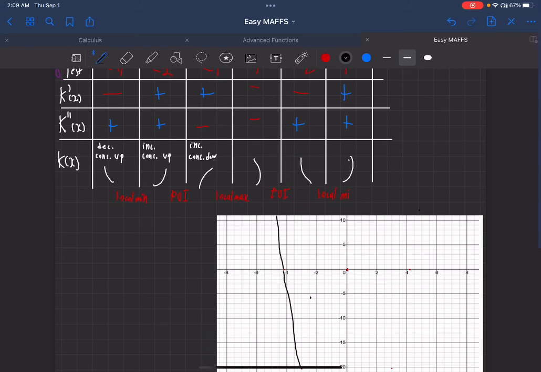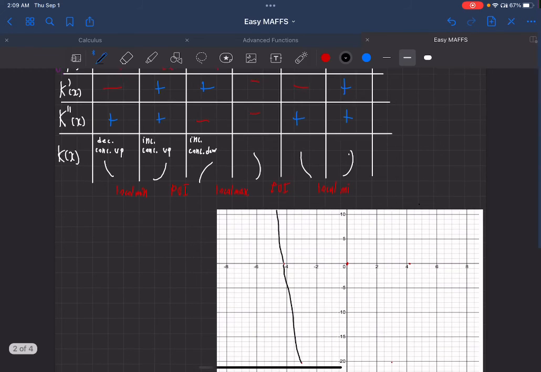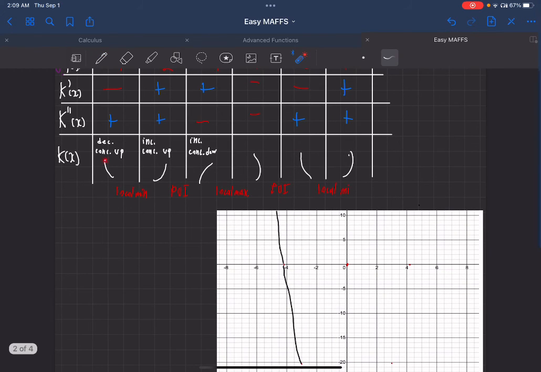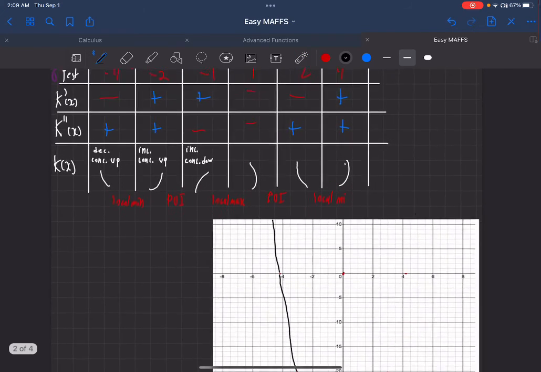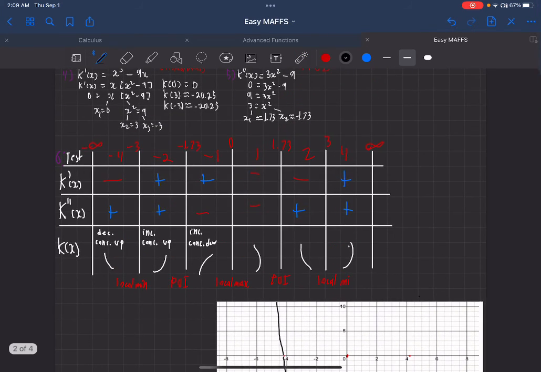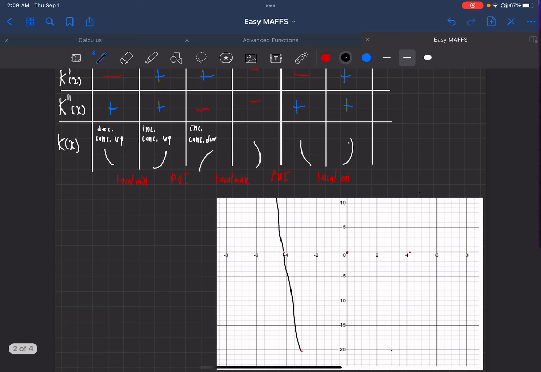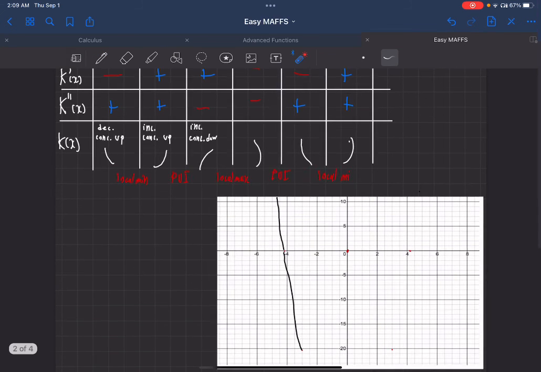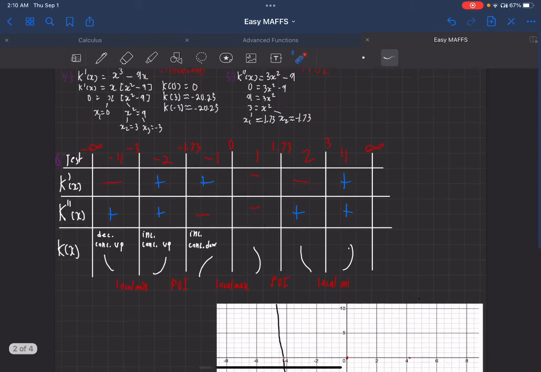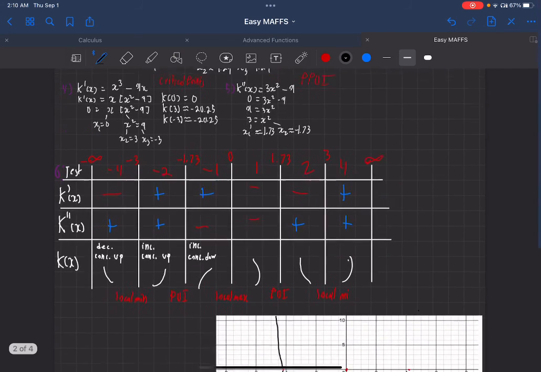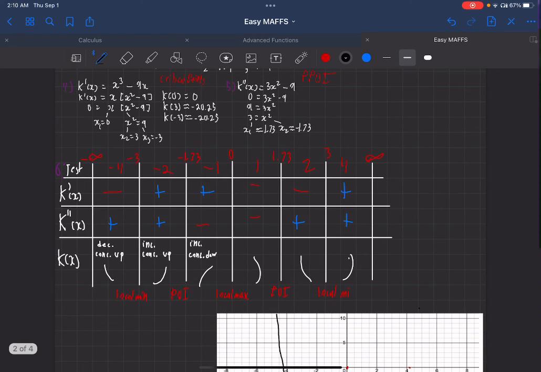Okay, so we are decreasing in concave up, right? From negative 3 to negative 1.73, we are increasing in concave up. Oh, and I forgot to plot our possible points of inflection.